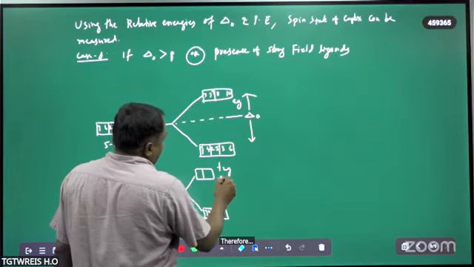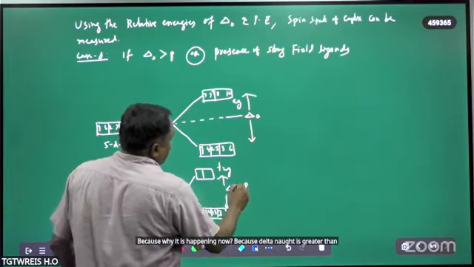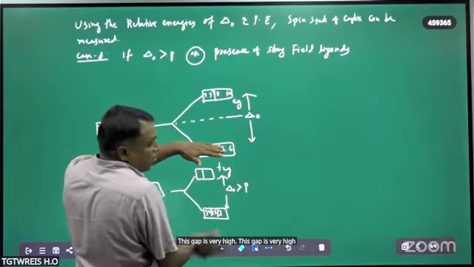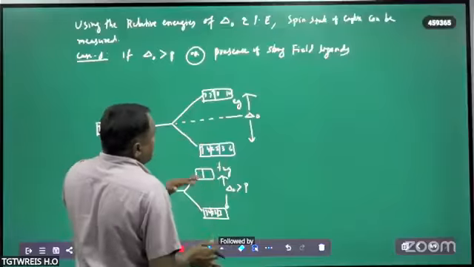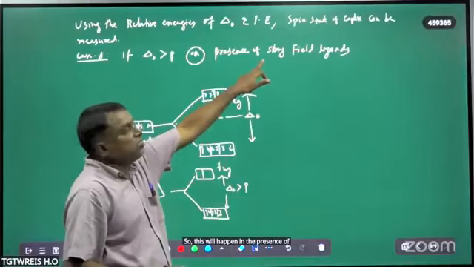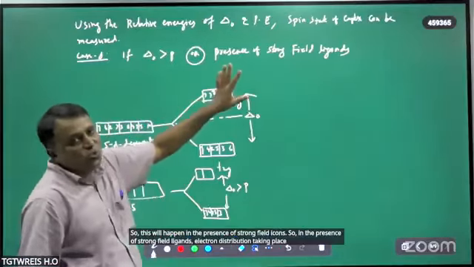Why is it happening? Because delta naught is greater than P. This gap is very high. Therefore, pairing takes place in the lower energy, followed by the higher energy. This will happen in the presence of strong field ligands. So in the presence of strong field ligands, electron distribution takes place against Hund's rule.